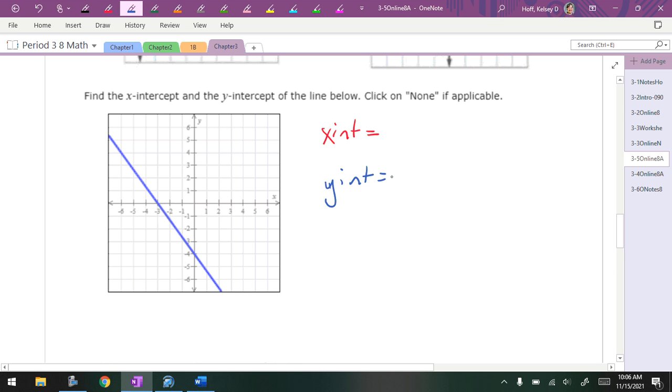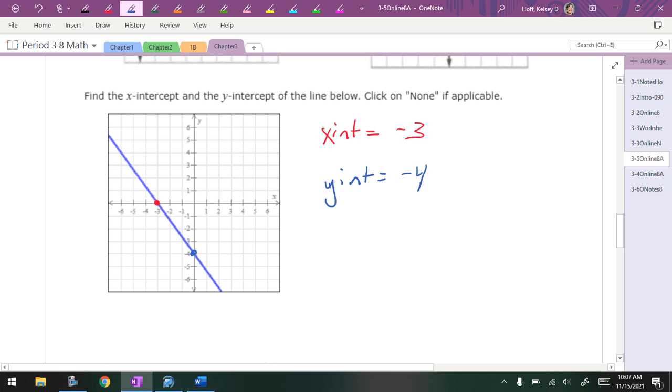Where does the line cross the y-axis? Notice they're even labeled, yes? X, Y. On the x-axis, where does the line cross the x-axis? -3.